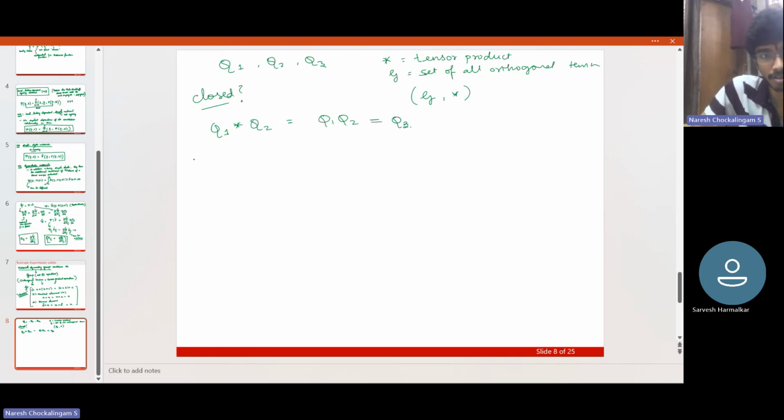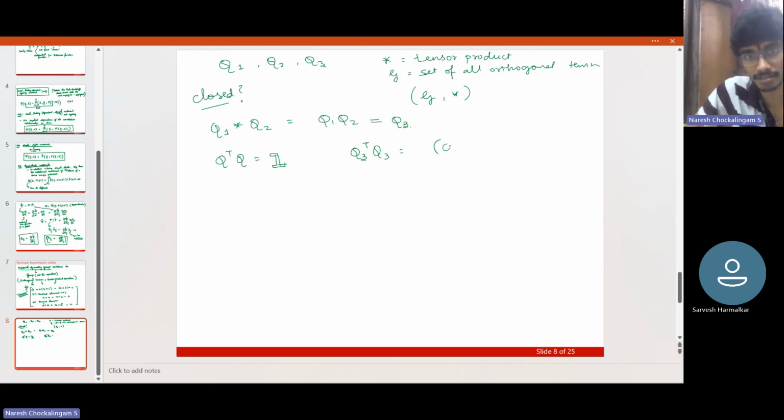If a tensor is orthogonal, then we know Q transpose Q should be equal to the identity. So what is Q3 transpose Q3? I'll do it step by step.